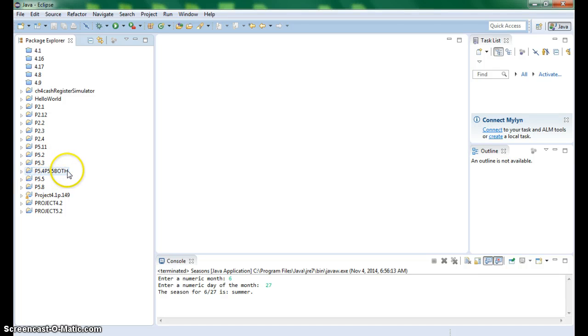Then we're going to 5.4 and 5.5. I had named this because I was going to do them both together, but it's really just 5.4, and then there's 5.5.